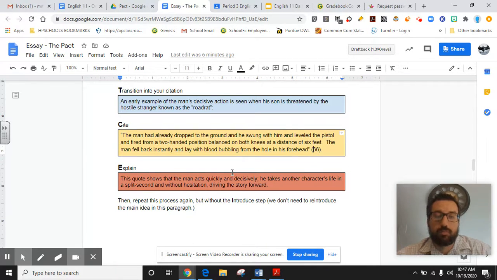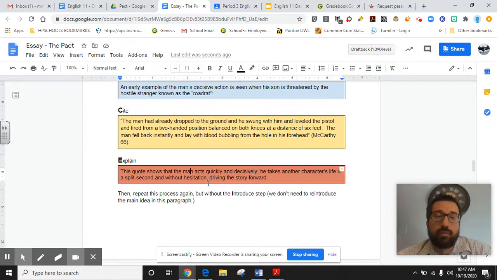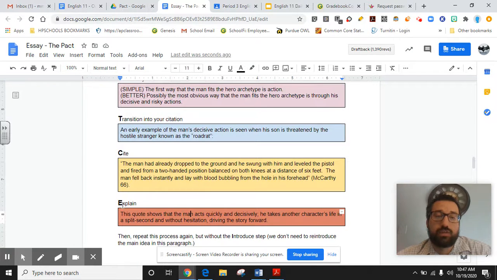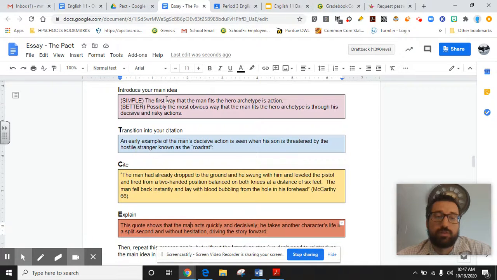I think it's McCarthy, right? Is the author of The Road. Okay. And then the last thing you do is you explain your quote. Basically, in your explanation, you connect your main idea and your quote. Okay. So introduce your main idea, transitional statement into your quote, then explain why your quote proves your main idea.